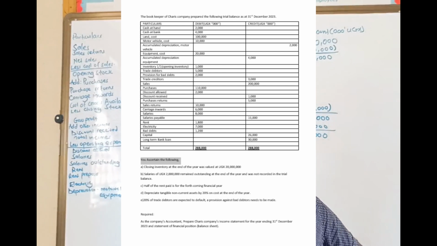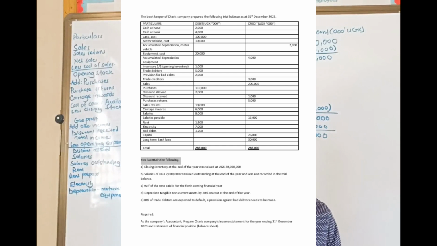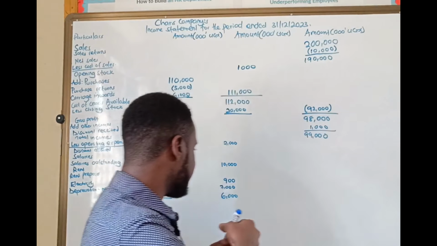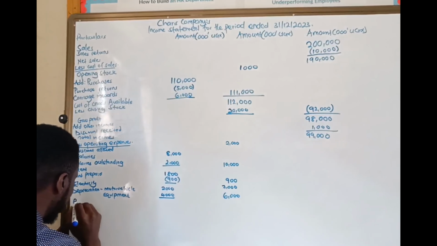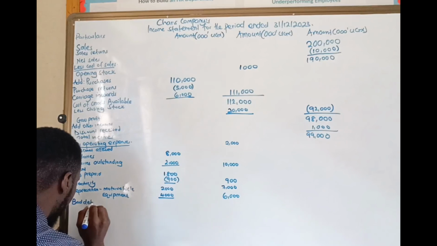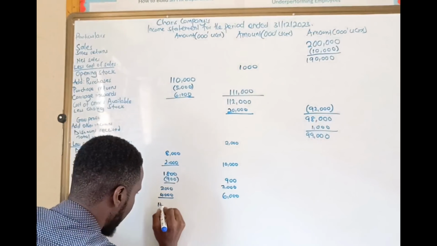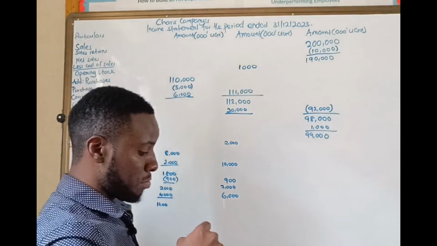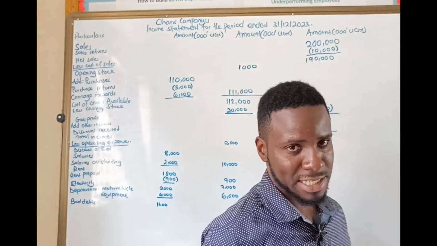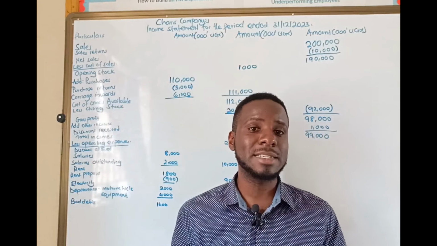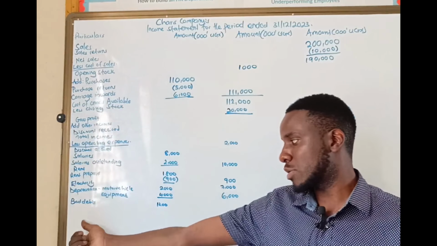Now, remember they told us that we have bad debts, but they said 20% of the trade debtors are expected to default. So a provision against bad debts is supposed to be made. So originally we had our bad debts as 1,200. But remember they told us to make 20% a provision for bad debts. So we are supposed to add it to the bad debts.